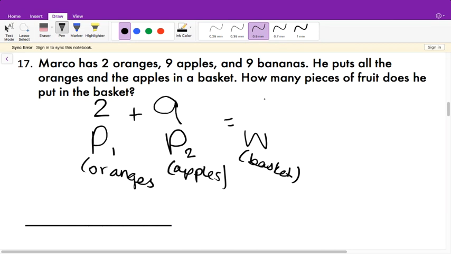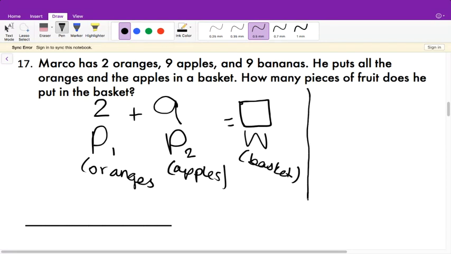So we are looking for the whole, the amount of fruit that's in the basket. And we can read our question again just to make sure our equation is right. The question is asking, how many pieces of fruit does he put in the basket? Okay, we want to know how many pieces of fruit are in the basket, and we have put our box for the basket whole in our equation. So we know that we have the box in the right place.